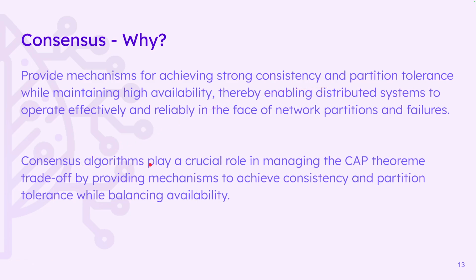As I said, consensus algorithms are really good for managing the trade-off between achieving consistency and partition tolerance, and they keep some availability. So when you have a partition, at that point you can choose. By default, consensus algorithms know that you have a partition, and you can't advance your system at that point, or you can advance even if half of the nodes are working, for example.